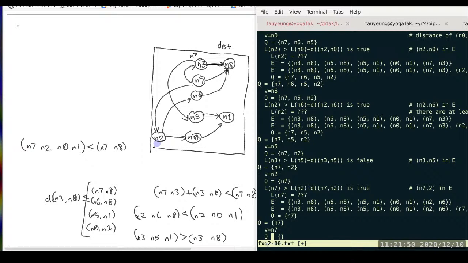So we know that n7, n8 has to be a pretty large value, because it is longer than this entire path. So out of these relations, we know this portion is greater than this portion, and so we have n2, n6, n8, and n6, n8 is just a single edge.